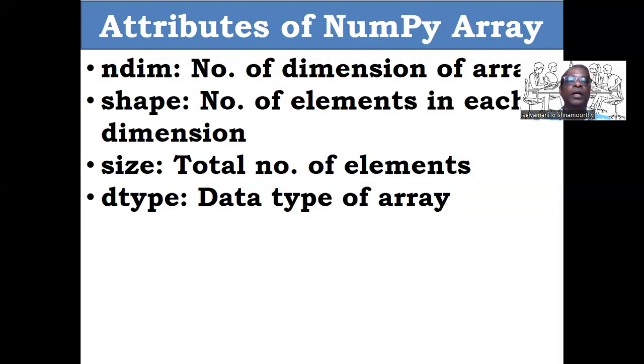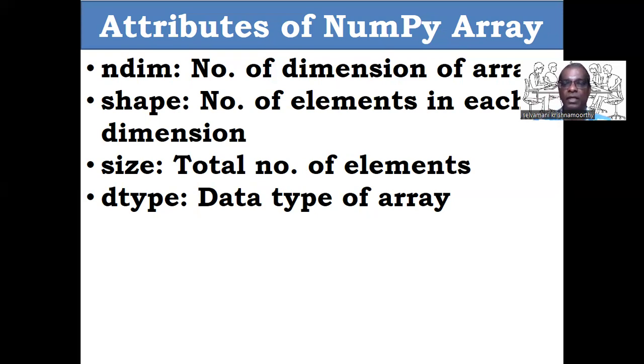Come to here. Next, let us study some of the important attributes of a NumPy array. First attribute is ndim. N stands for number, dim stands for dimension. That means the number of dimensions of the array. That means either this array belongs to one dimension or two dimensions or three dimensions.